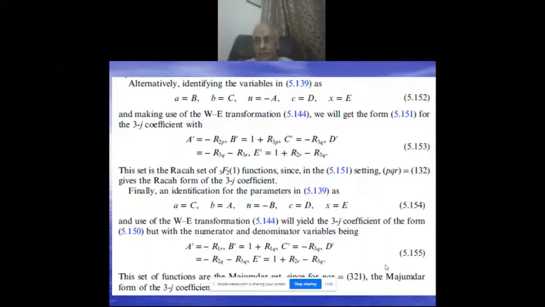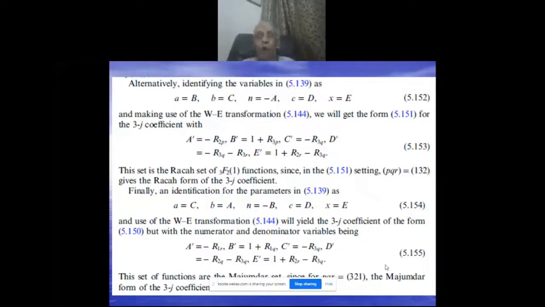It is out of this book that I have shown you a few pages when I mentioned these results to you. The 3j coefficient is connected to a 3F2 hypergeometric series and sets of them. That is where I was able to do something which nobody else had realized. The 3j coefficient is related to a set of 3F2 hypergeometric functions.